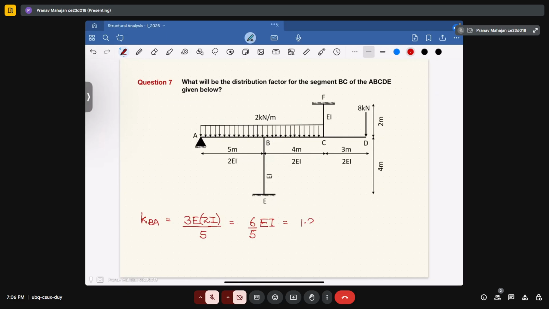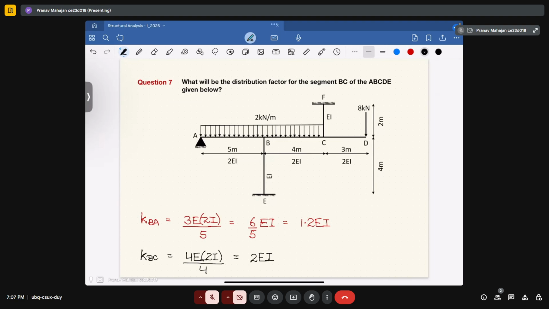It will be 1.2 of EI. Now next we will calculate for BC. For BC, it will be equal to 4 EI by L, and that will come out as twice of EI.